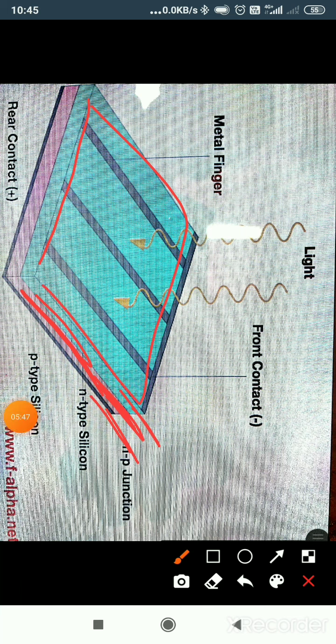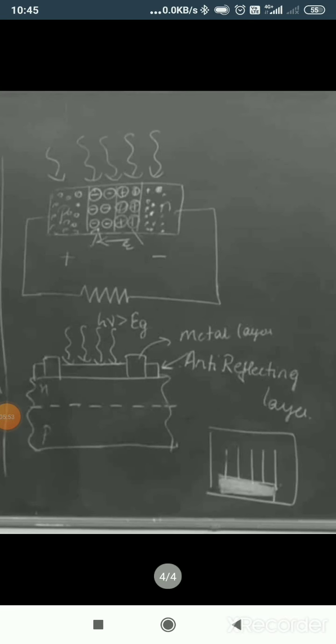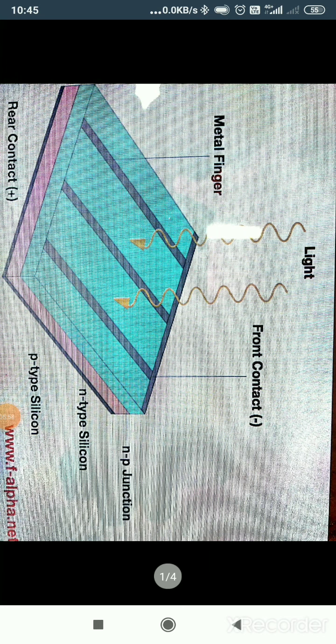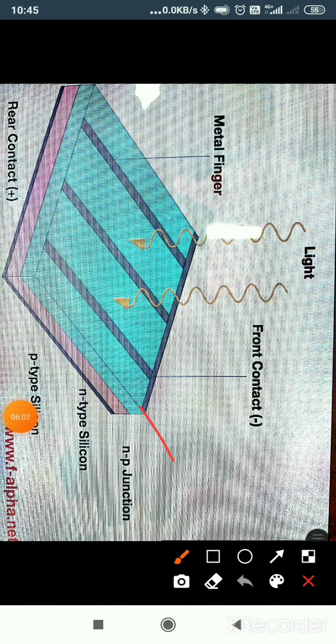And one more constructional feature we need to add over here is that the N layer is always made thinner compared to the P layer.